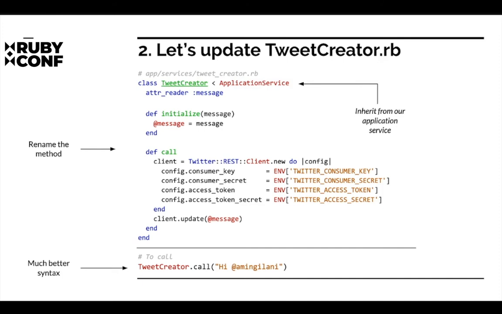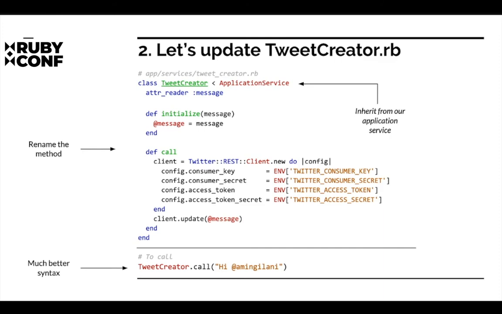So if you simply have your tweet creator service inherit from your application service, and then you rename the method that you put your code inside, what happens is you can simply call tweet creator, which is this, and then call on it.